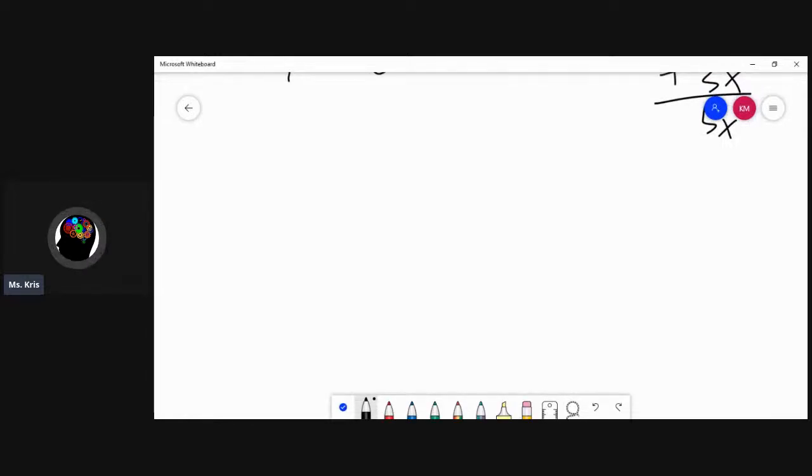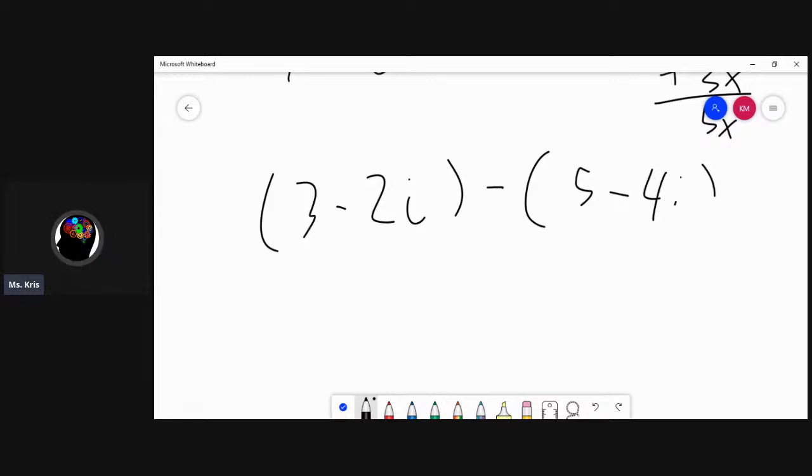Another example with subtraction, you have 3 minus 2i minus 5 minus 4i. And of course, 3 minus 5 gives me a negative 2.